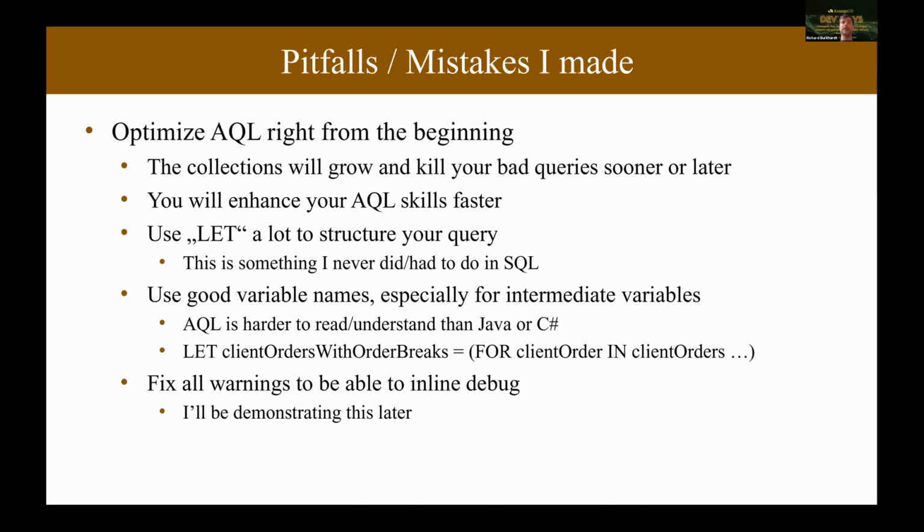This is very important, because you have immutable variables, so you have a lot more of them than if you had mutable variables. And what's definitely a must is to fix all the warnings, because if you don't fix the warnings, you cannot debug the code. I'll show you in a second.